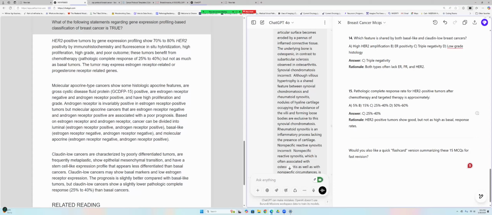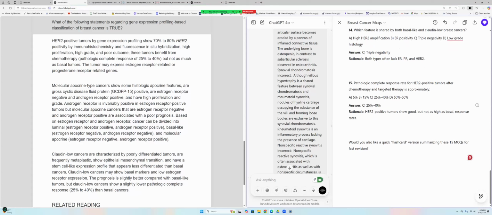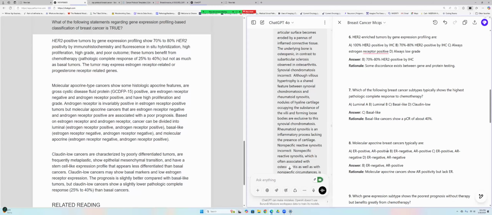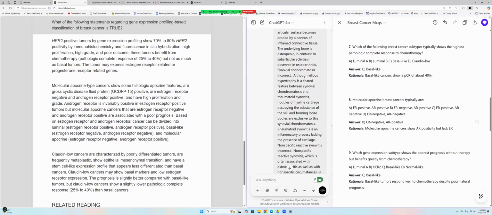Basal-like cancers, what percentage respond completely to chemotherapy? We mentioned it earlier. 40%. Basal-like cancers show a pCR, pathologic complete response, of about 40%.